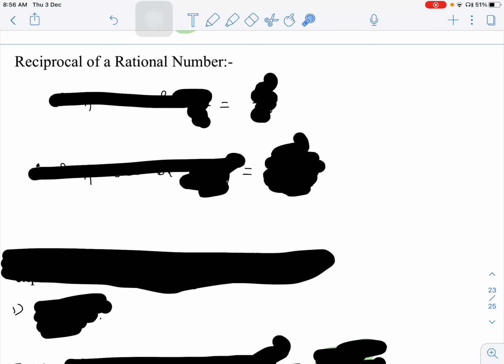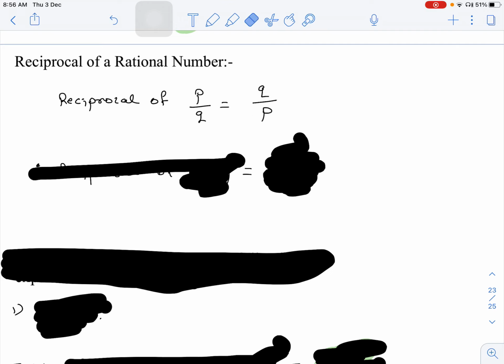Now our next topic is the reciprocal of a rational number. Suppose we have a number that is p upon q. So the reciprocal of p upon q can be written as q upon p. We have already learned this one.